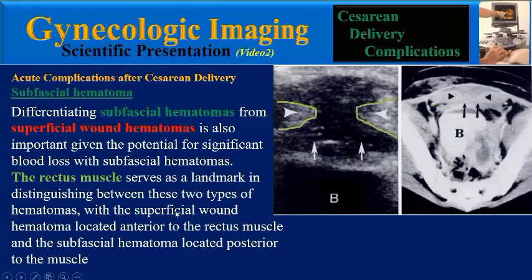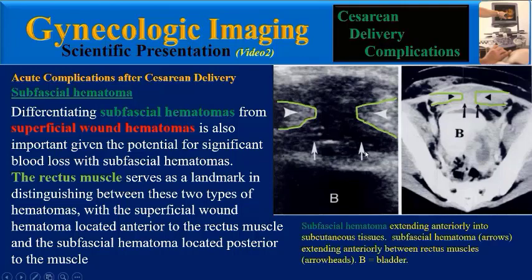The rectus muscle serves as a landmark in distinguishing between these two types of hematomas, with superficial wound hematomas located anterior to the rectus muscle and the subfascial hematoma located posterior to the muscle. As we can see here, the subfascial hematoma extends anteriorly between the rectus muscles.